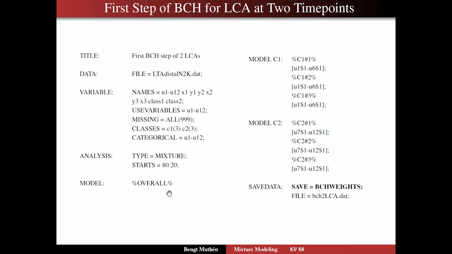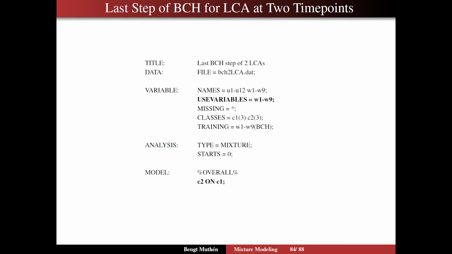And in the overall part of the model, we do not have C2 on C1, which makes it possible to create BCH weights that are estimated via independent LCAs for the 2 time points. We see here on the right that we have no measurement invariance imposed. So no measurement invariance together with no C2 on C1 creates the BCH weights in line with the first step of LTA. So all 12 variables are estimated or handled in the first step.